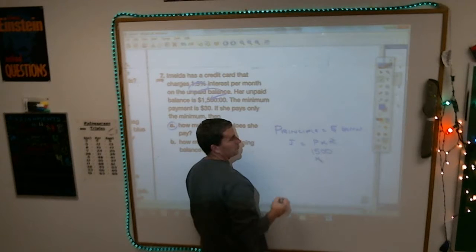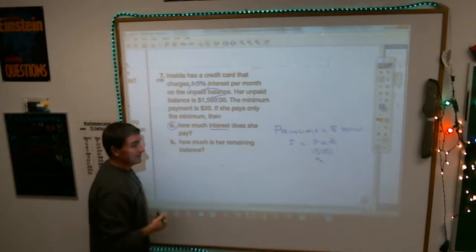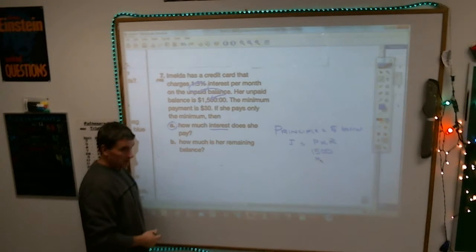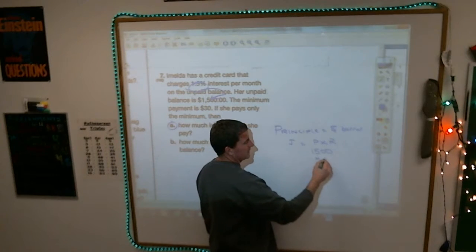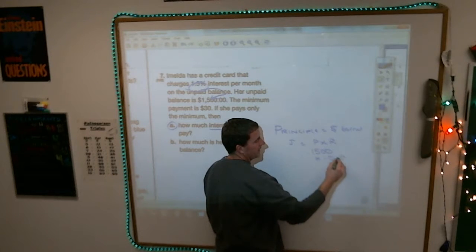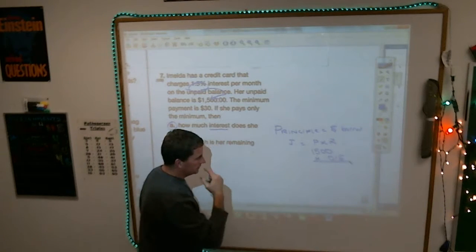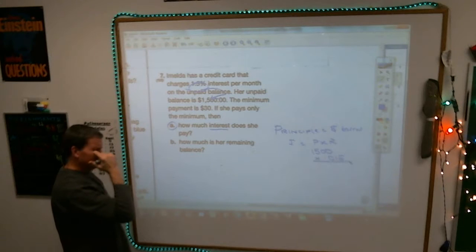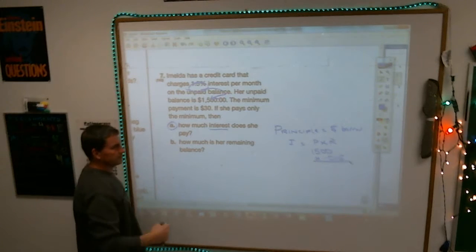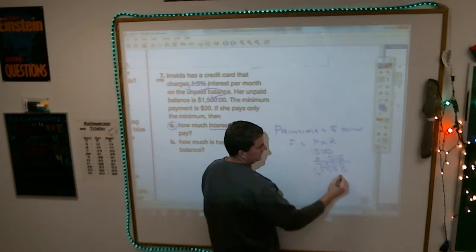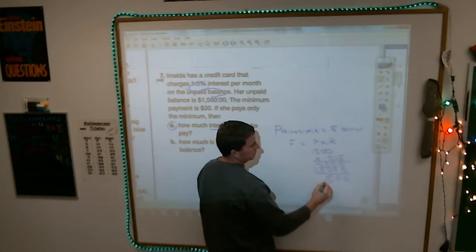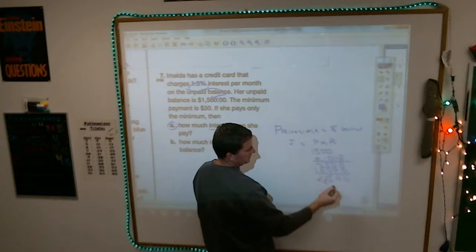You just have to be careful with your rate. 1.5% is not 0.15, that's 15%. You move the decimal two places backwards: 0.015. Multiplying that by 1,500 gives three decimal places to account for.